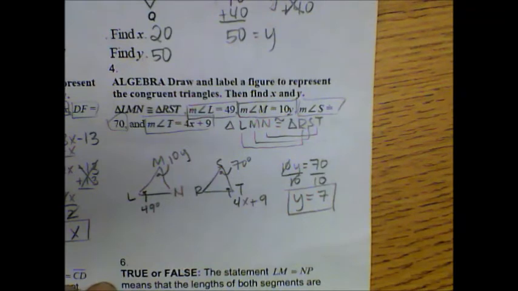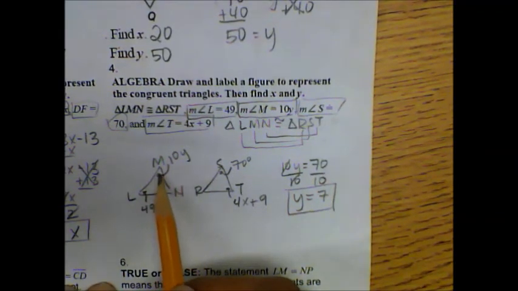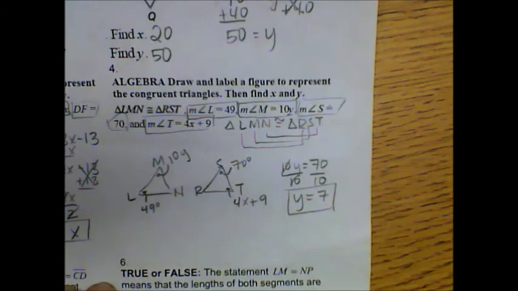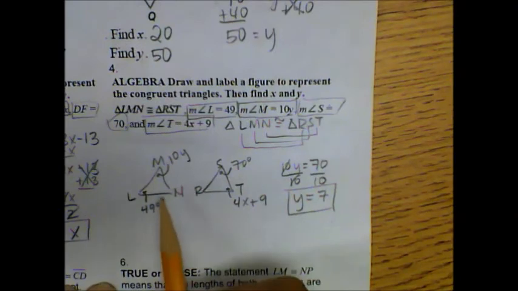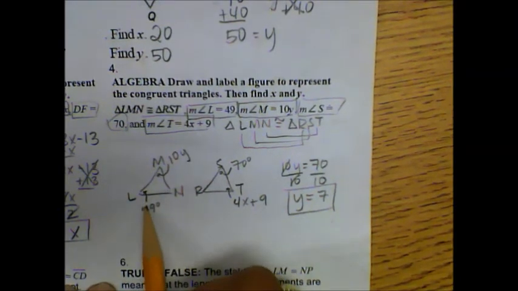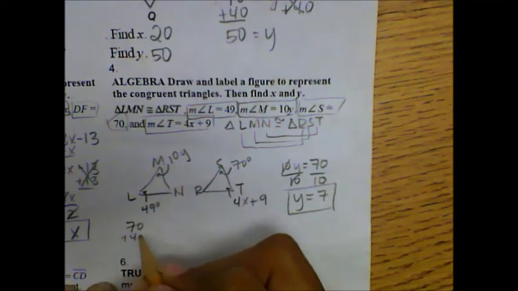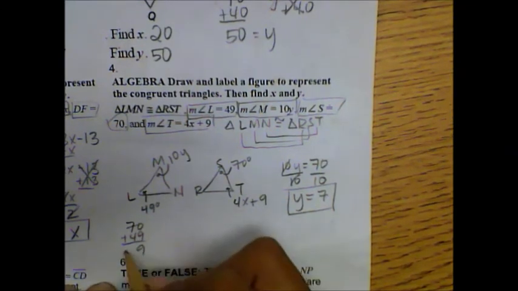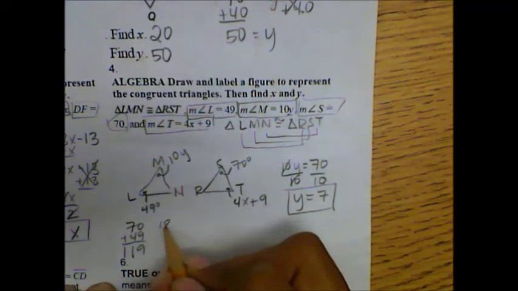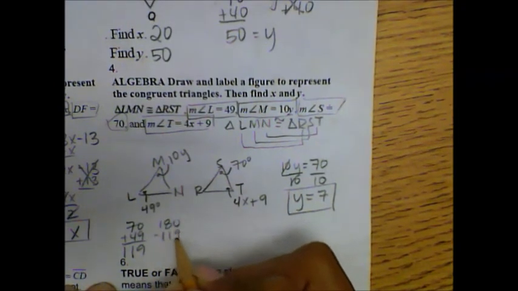Now, knowing that this is 70, and that the interior angles of a triangle add up, we want to figure out what N is. So if this is 49 and this is 70, 70 plus 49 is going to give us 119. 180 minus 119.